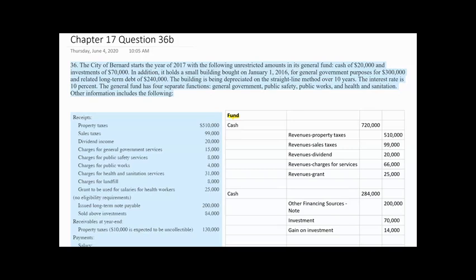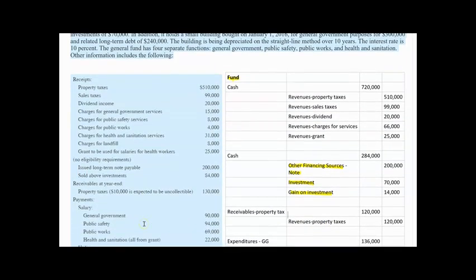The difference here is that instead of crediting note payable, we credit other financing sources, note. We debit cash and credit other financing sources, note, and then credit investment and gain on investment. For the investment, gain on investment is the same as government-wide. Next is the property tax receivable, and the journal entry here is the same as government-wide.